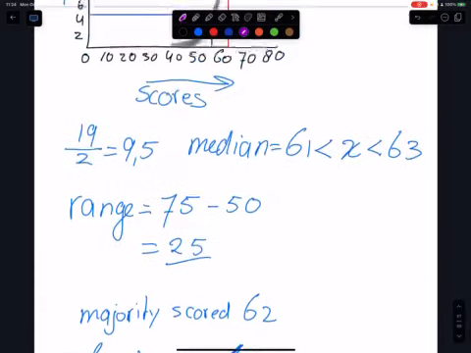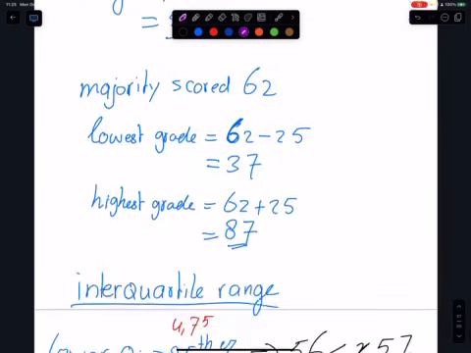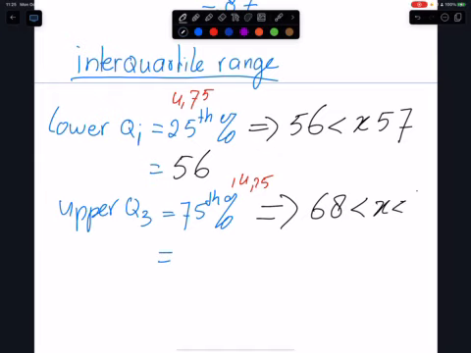You go back in your graph, 14.25, somewhere here, right close by. Go down. Somewhere between 68 and 69. Yes, between 68 and 69. Let's take 68.